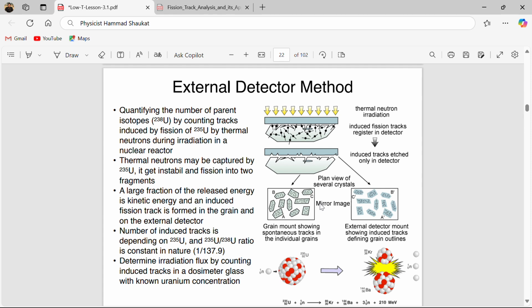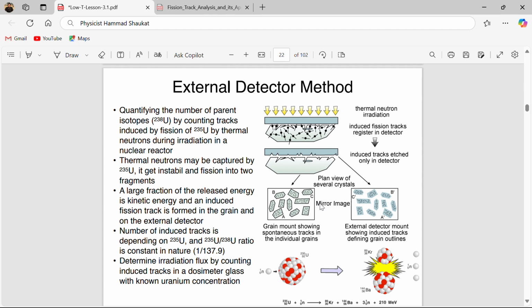We already discussed quantifying the number of parent isotope uranium-238 by counting tracks induced by fission of uranium-235 by thermal neutrons during irradiation in the nuclear reactor. The thermal neutrons may be captured by uranium-235, which becomes unstable and fissions into two fragments.